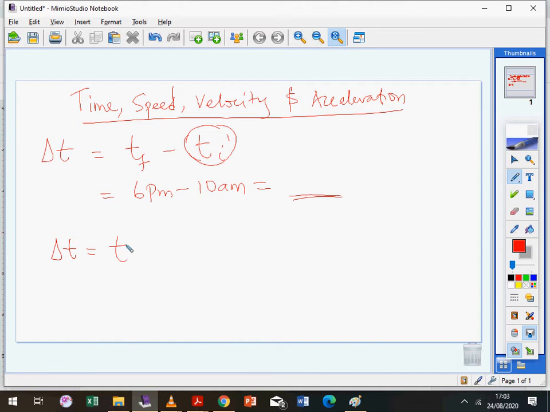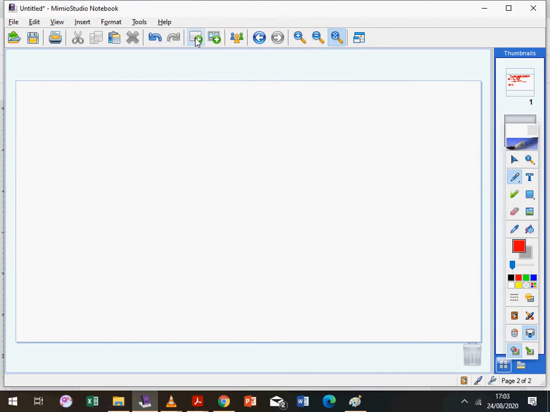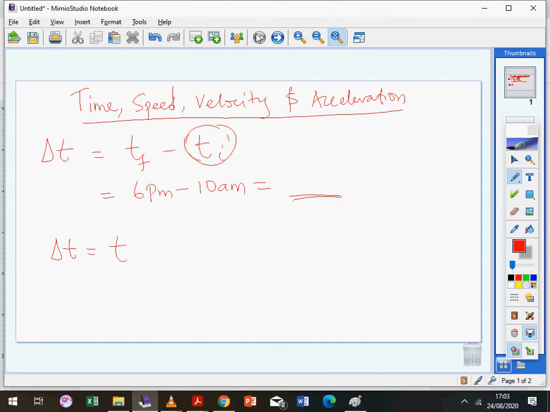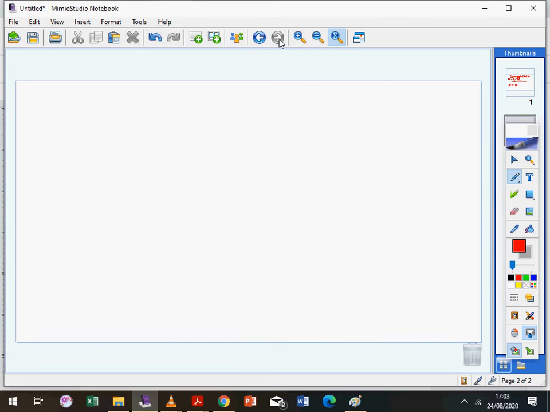Now, because time changes, we know that physical quantities like speed can change, like velocity can change. Before we go to velocity, the units of time are seconds. That's the unit of time. Now, moving on to velocity.